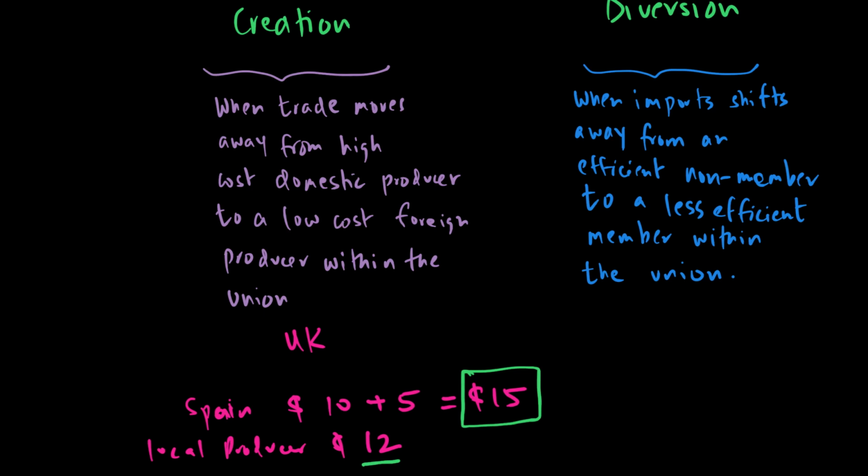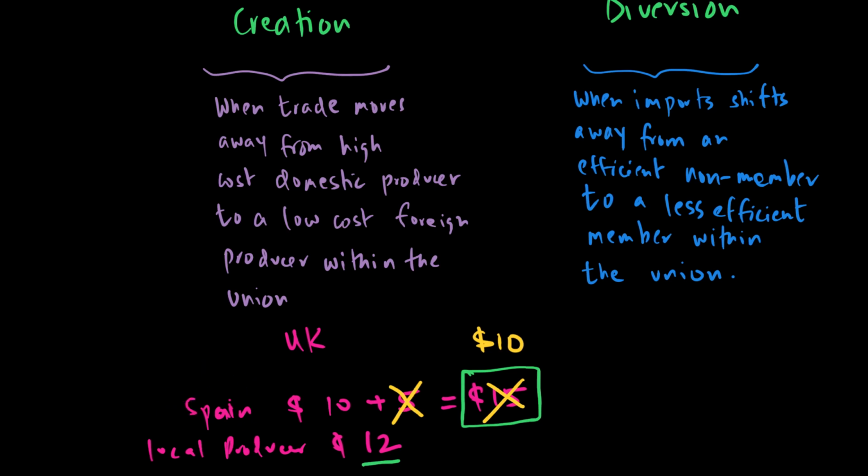So the idea goes this way: when you remove a tariff, because now Spain is part of our customs union, this price will no longer be 15 because you remove the tariff, and the price will now be only $10. So who will you buy from once Spain becomes part of the customs union?